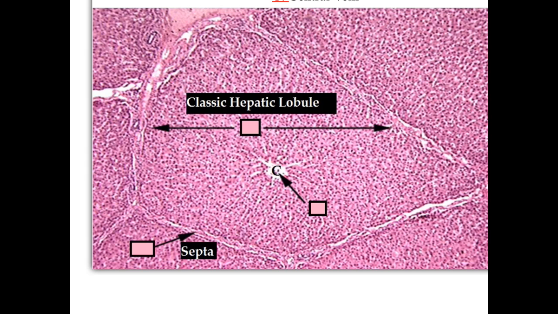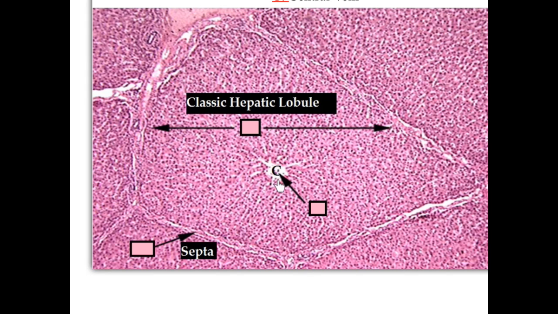Again, this is a picture of the classic hepatic lobule, hexagonal mass of hepatocytes that drain their venous blood into the central vein in the center and demarcated by connective tissue septa, which are very evident in the liver of pig, not evident in the liver of human. And at the corners, you can see the portal tract, but it is not evident here in this picture.